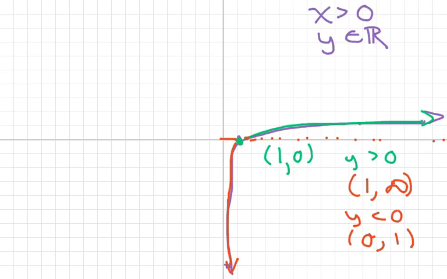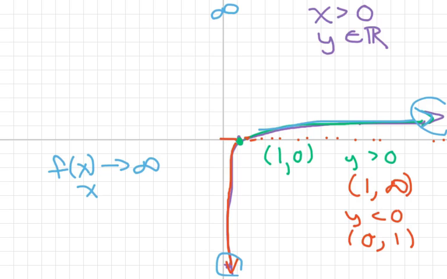So now we got to discuss the end behavior. The end behavior, you're looking at these arrows here. So I want to know when y is approaching infinity. So as this gets bigger and bigger, which doesn't look like it is, but it will. So as y approaches infinity, that means x is approaching infinity.